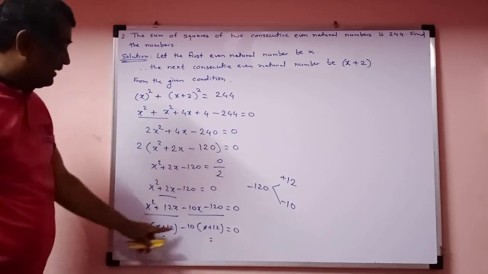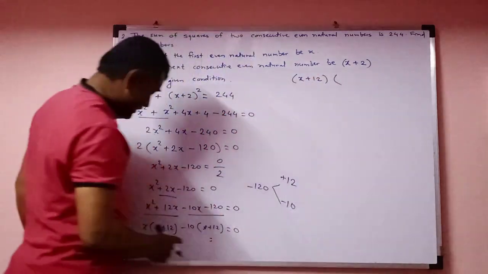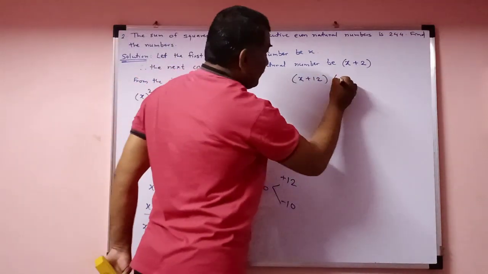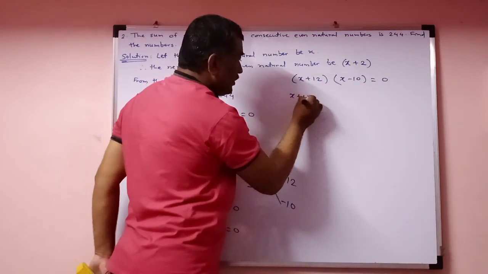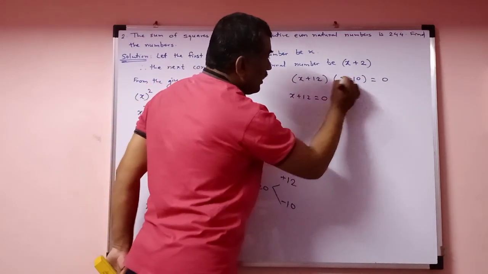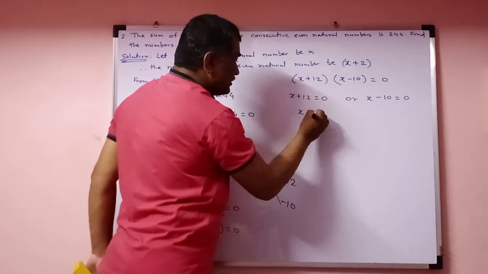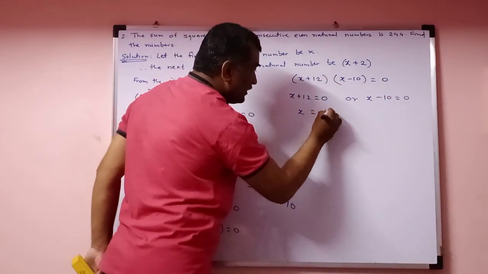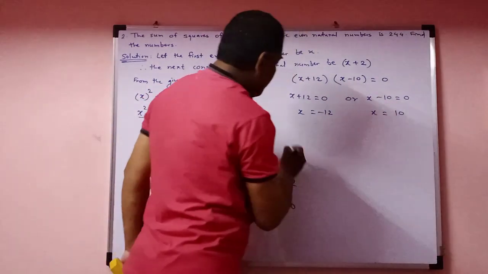See what is common: x plus 12 in another bracket x minus 10 is equal to 0. Here x plus 12 is equal to 0 or x minus 10 is equal to 0. x is equal to plus 12, right side goes minus 12. x is equal to minus 10, right side goes plus 10.